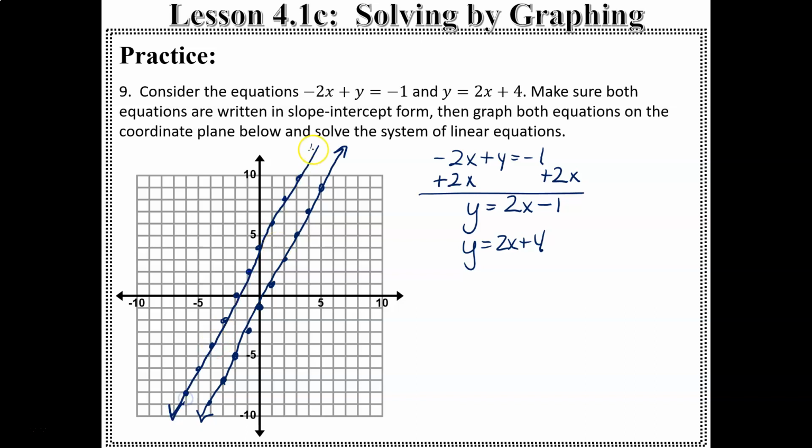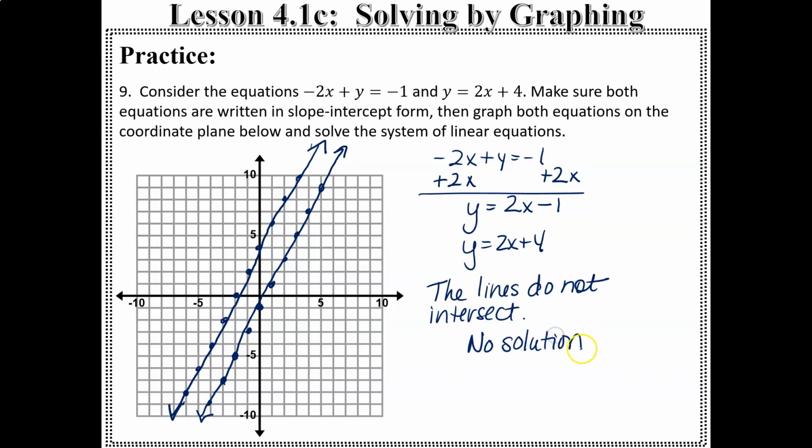So we're not going to get an intersection. It's never going to happen. The lines don't intersect. So this is no solution. There is no point that would satisfy both of those equations.